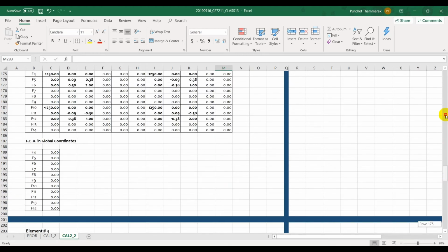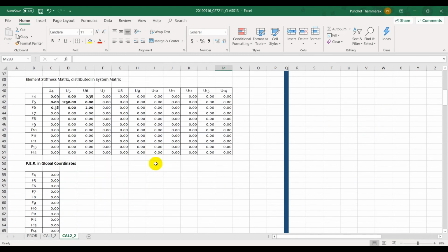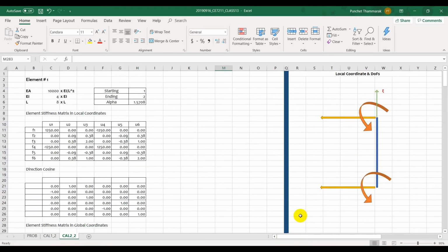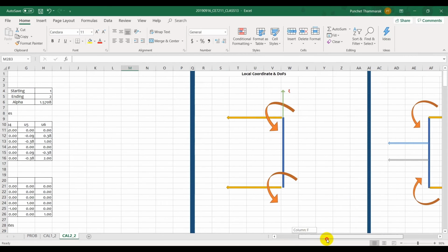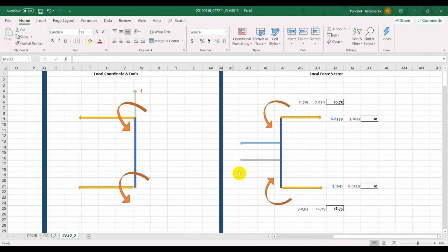So we move next to the force vector, the fixed end reaction first. So we come back to element number 1. As the element number 1 looks like this, the setup of the local coordinates is like this. That makes those transverse degree of freedom going backward to the minus x. Now we look at the force vector.